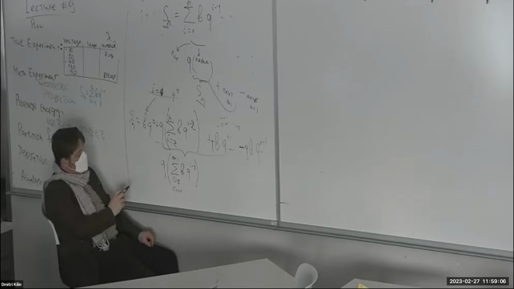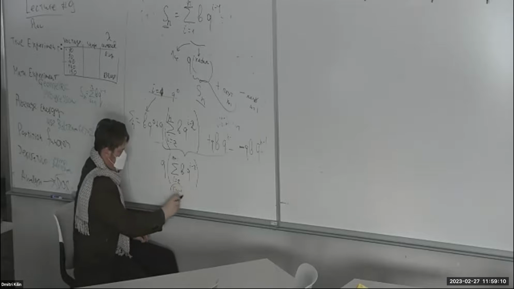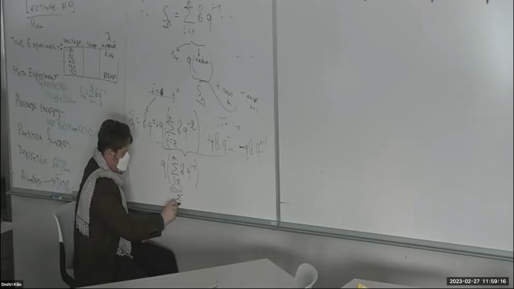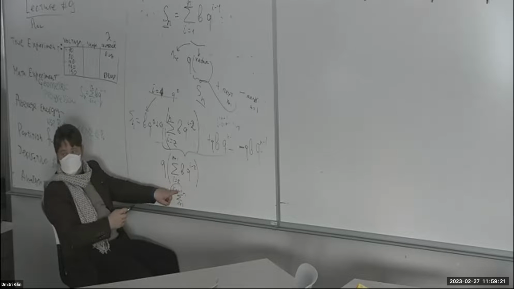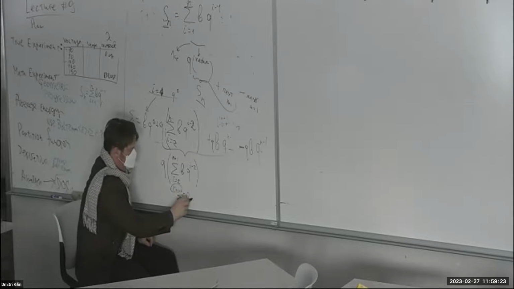And after this trick, I will get summation from i prime starting from 1, ending at n, because I subtract 1, times b times q^(i prime minus 1).